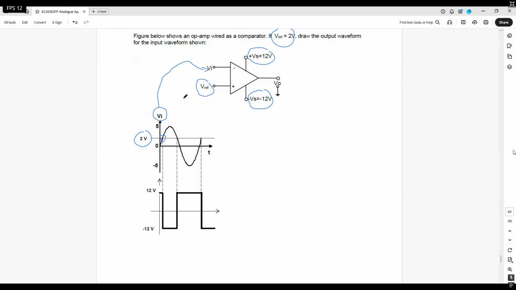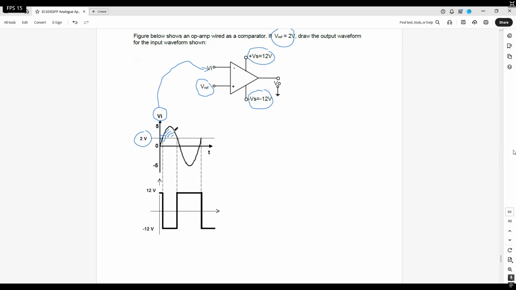When Vi is greater than Vref, you get a negative voltage, which is this part I just circled. Then it stays there, because this whole part of the signal is above 2 volts. So you'll get negative 12 volts at the output.